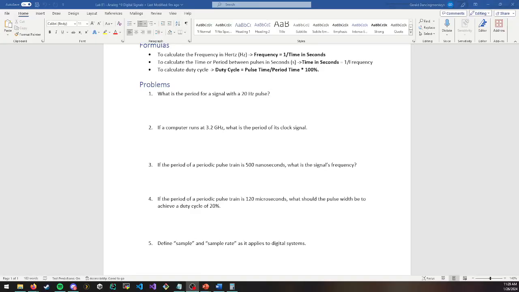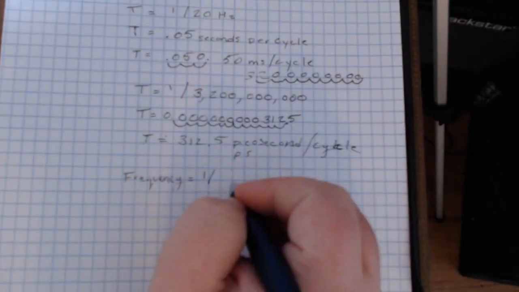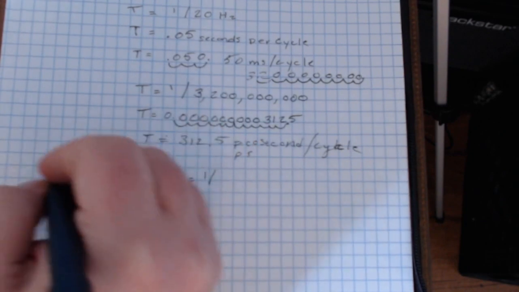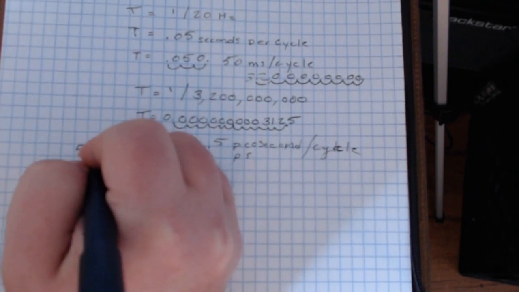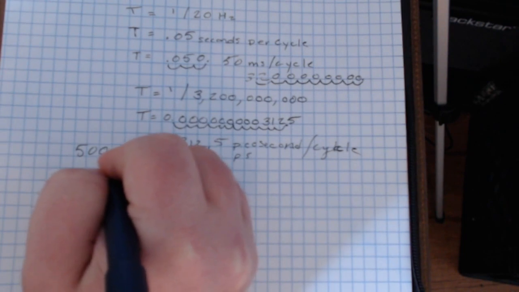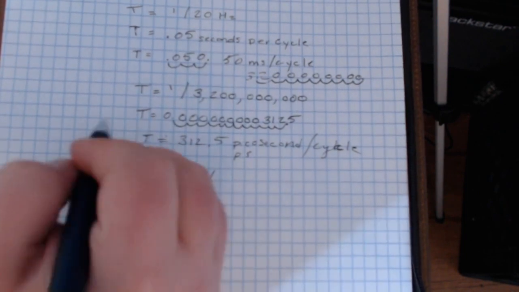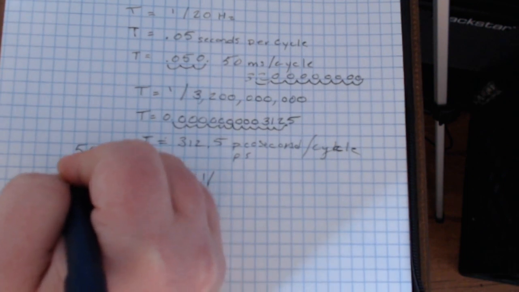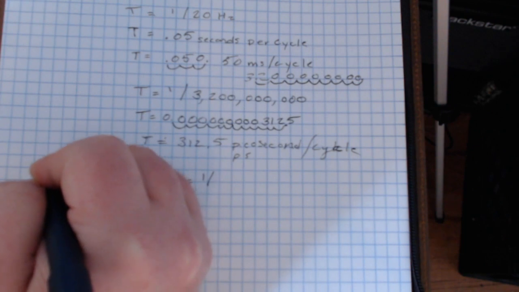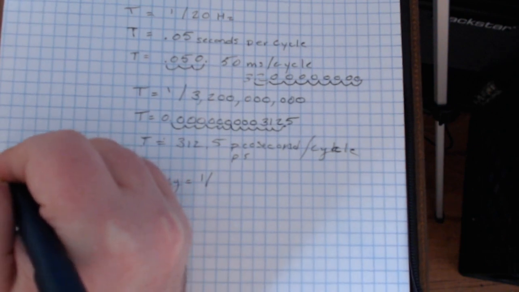Well, we will do 10 to the minus 9. So we will move our decimal place. So let's put the 500 somewhere over here so we can see for a second. So that decimal place is right there. We just don't have anything after it, so we don't represent it. And we will move this to the left 9 spaces. So that's 1, 2, 3, 4, 5, 6, 7, 8, 9.